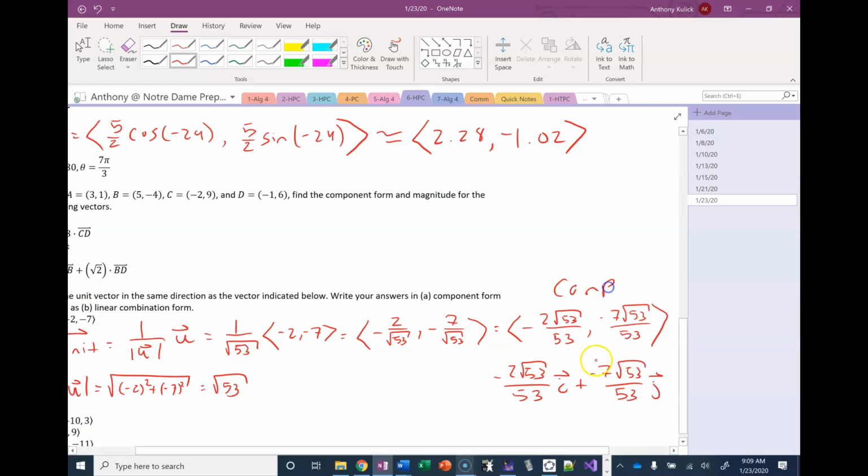So there's my component form, and there's my linear combination form. Cool with that, Colette? Okay. Last chance on questions from this before we move on.